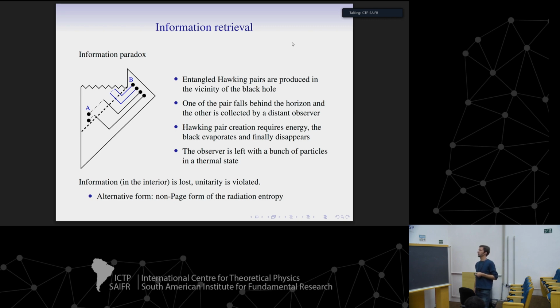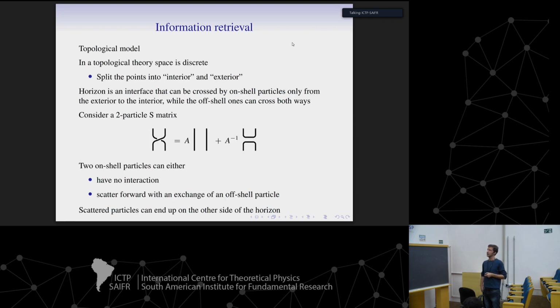And as was explained in the lecture by Juan, another way to say this is that if you compute the entropy of the radiation of the black hole separately, it will not follow the Page curve, which is compatible with unitarity. So here the proposal is to consider just a discrete bit model of a black hole where you have a bunch of bits, one half called the interior and the other called the exterior.